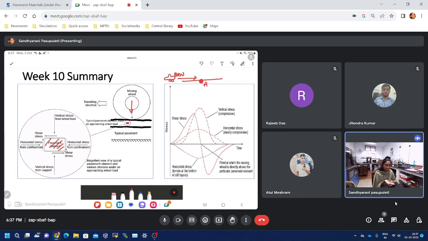How much it resists depends upon the strength of the mixture. The higher the strength, the higher the stresses developed. If it doesn't have the strength, it will give few stresses and deform more. When the car is very far away, the stresses would be 0.